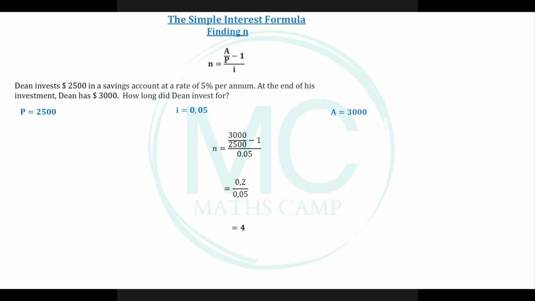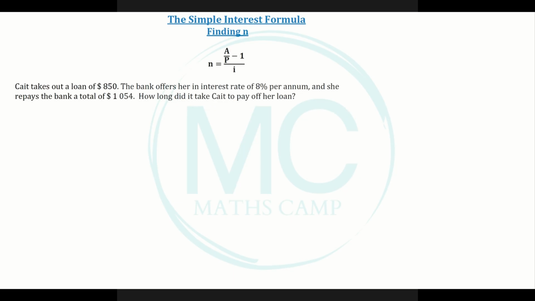Let's do one more example. Kate takes out a loan of $850. The bank offers her an interest rate of 8% per annum, and she repays the bank a total amount of $1,054. How long did it take Kate to pay off her loan? She takes out a loan of $850. This is the initial amount, and it takes on our P value.